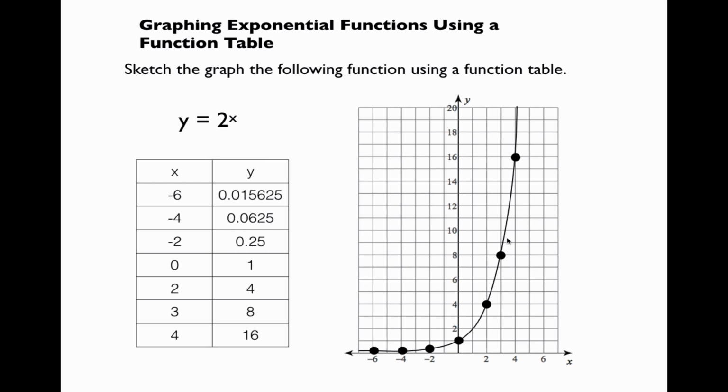This is the general shape of all exponential functions. It looks kind of like an L or a hockey stick, but the important features are that one end goes off into infinity, and another end flattens out at a certain point. In this case, it's going to be 0. Later on in the year, maybe we'll learn about different functions that don't flatten out to 0.